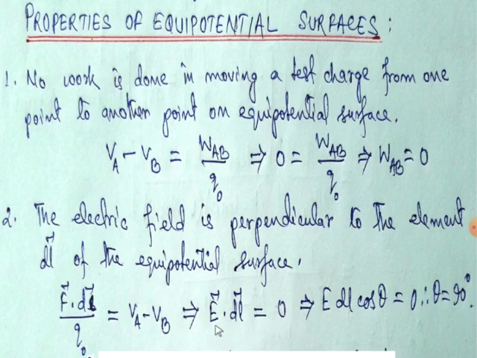E is a non-zero quantity, dl is also a non-zero quantity, so if the dot product is 0, the angle between them must be 90 degrees, because cosine of 90 degrees is 0. So theta must be none other than 90 degrees. That means the angle between the electric field E and dl on the surface is 90 degrees, so they are perpendicular to each other. That means the electric field E is perpendicular to the equipotential surface.